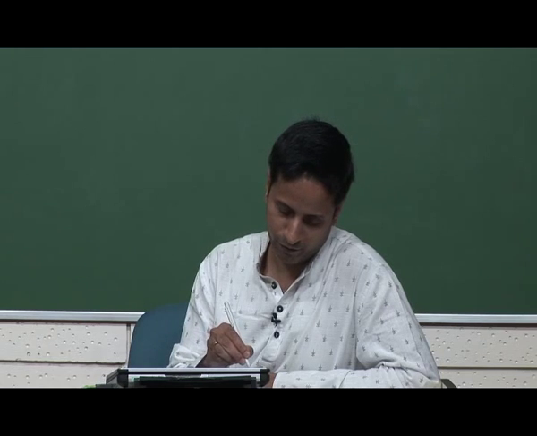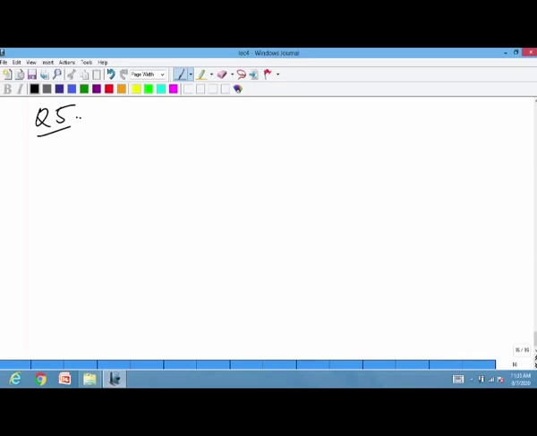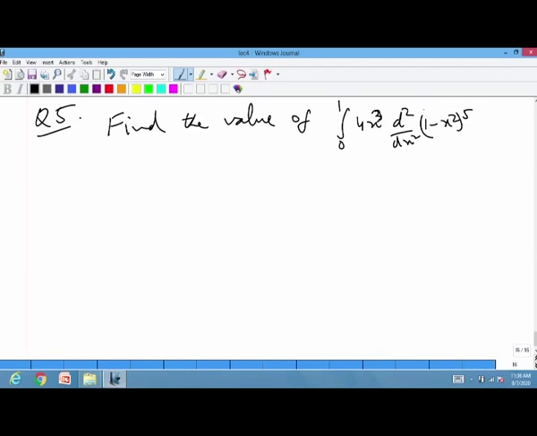Okay, let us do question number 5. So, we have to find the value of the integral from 0 to 1 of 4 x cube times the second derivative of (1 minus x square) raised to power 5, dx.